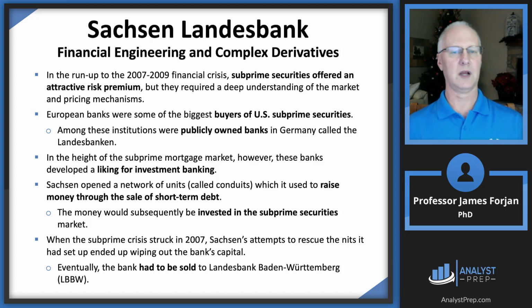I mean, this sounds like a great way to diversify the portfolio. However, of course, when the subprime crisis hit us in 2007, the value of those mortgage-backed securities, in particular those subprime securities, fell dramatically. And this bank had to be sold to another financial institution.